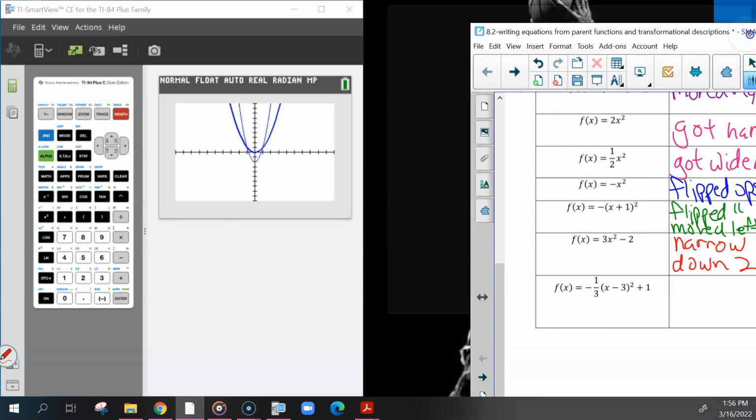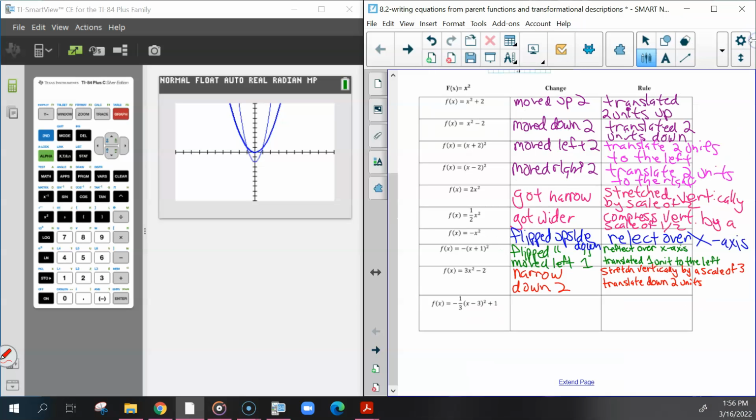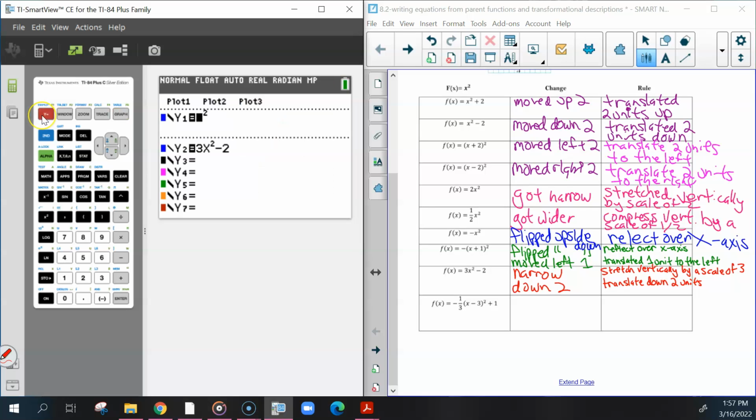Doing this last one. Now we have negative 1/3 times (x minus 3) squared plus 1. You'll probably be thinking, I'm doing a lot here. A lot of things are happening, and that would be correct. Yes, we can go ahead and put this in.